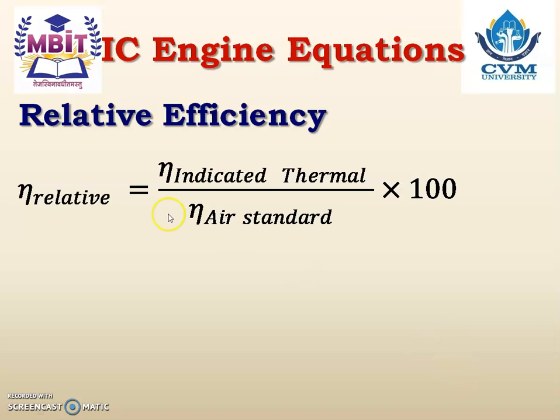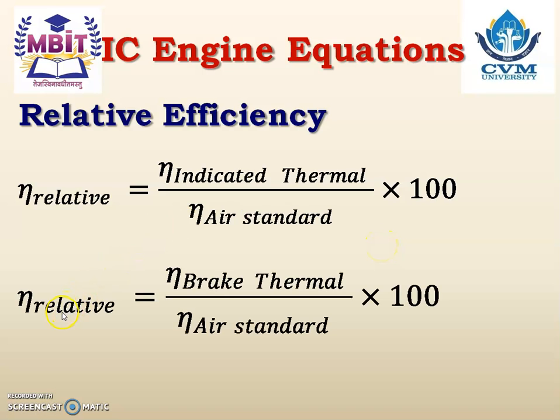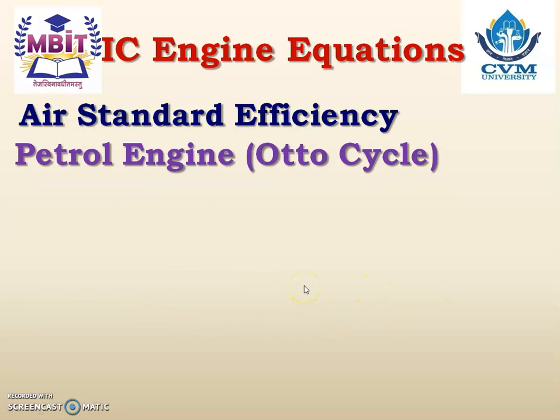Relative efficiency. The relative efficiency is equals to indicated thermal efficiency divided by air standard efficiency multiplied by 100. Relative efficiency can also be written as brake thermal efficiency divided by air standard efficiency multiplied by 100. Now air standard efficiency.